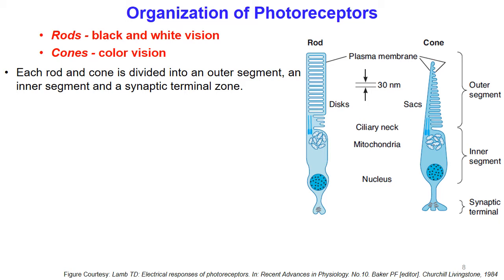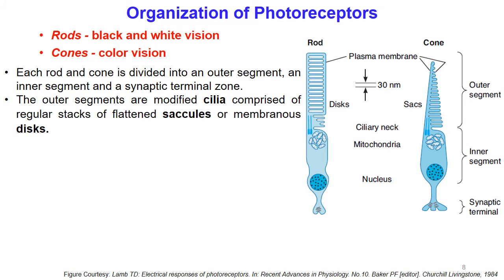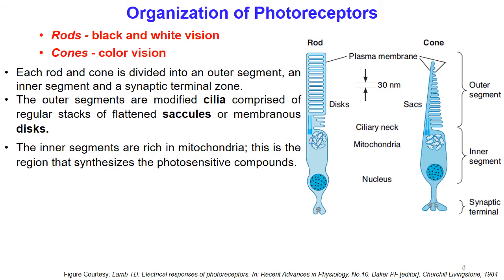Each rod and cone is divided into an outer segment, an inner segment, and a synaptic terminal zone. The outer segments are modified cilia comprised of regular stacks of flattened sacules or membranous discs. The inner segments are rich in mitochondria.